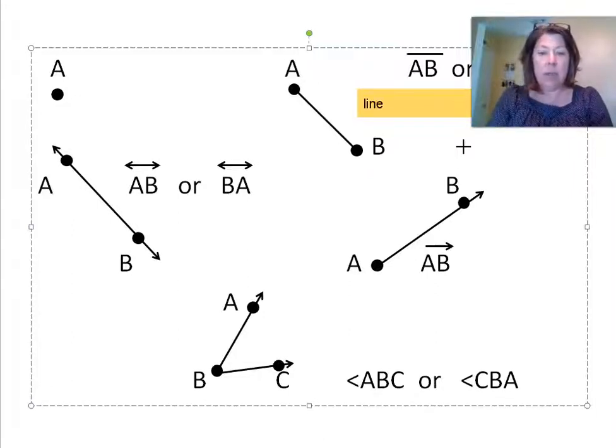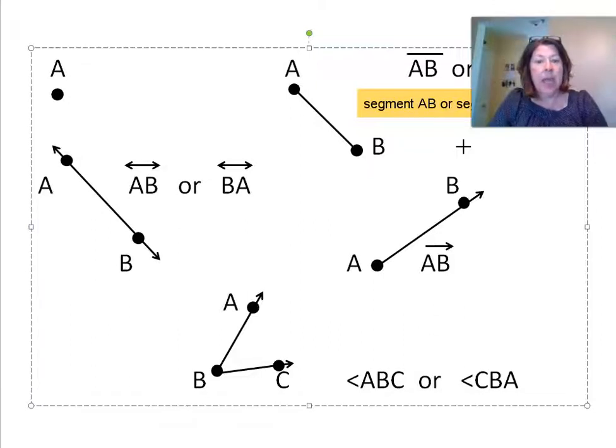So this can be called segment or line segment AB or segment BA. And you'll see that above the names AB, BA, there is a little mini line segment. And remember my line segment, I can travel in either direction. I can start at A and go to B, and then I can go right back to A, back and forth. So that's why I can name it 2 ways. So then I go to my line.